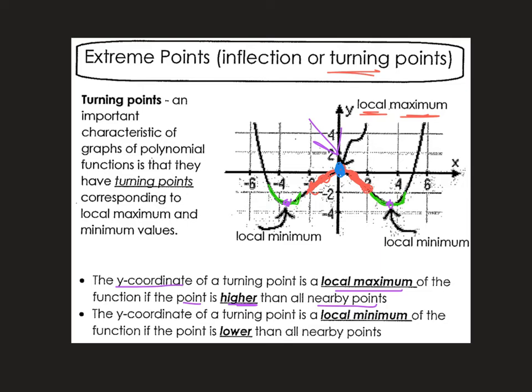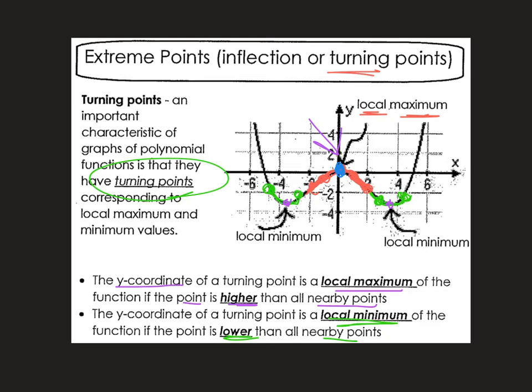All those red points are lower than the blue. Conversely speaking, all the green points to the left and right of the purple points are higher. So the purple point is a local minimum, right? Because it's lower than all of the nearby points. And we refer to these local max and local mins when we're looking at those turning points.